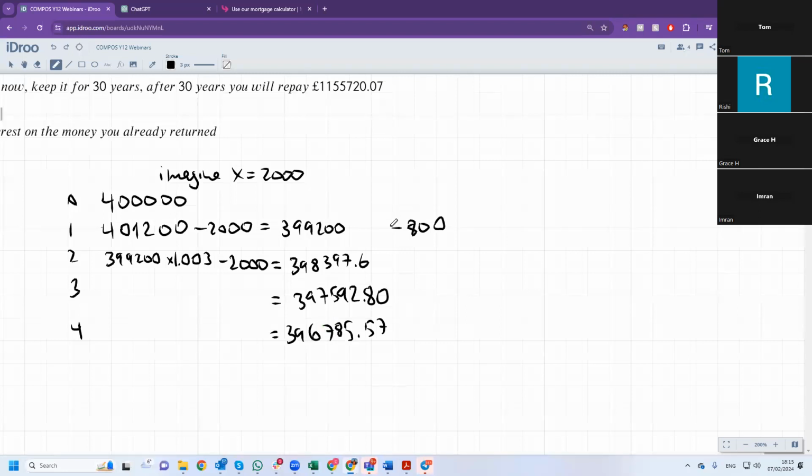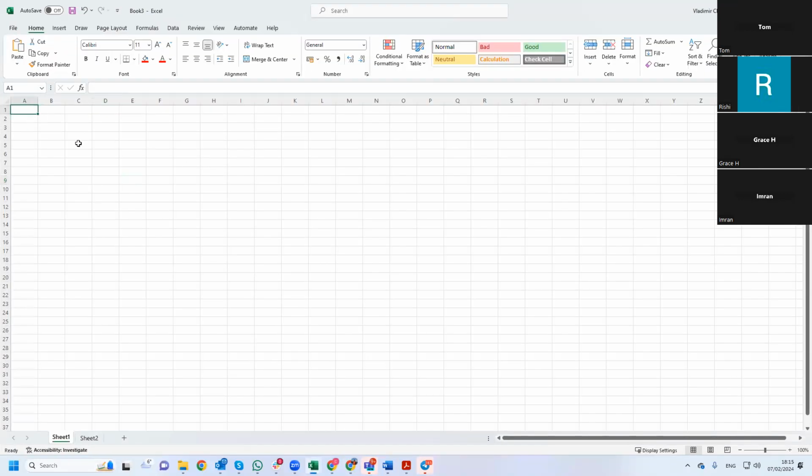So the first month it goes down by 800, and then would it be easier if I did this? So 0, 1, 2, 3, 4, 5. So 400,000. Then here you get 400,000 multiplied by 1.003 minus 2,000.